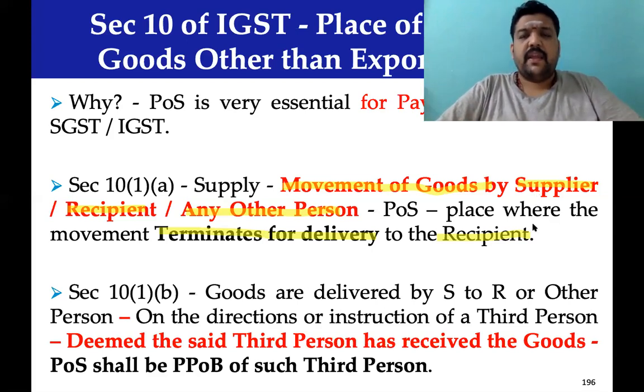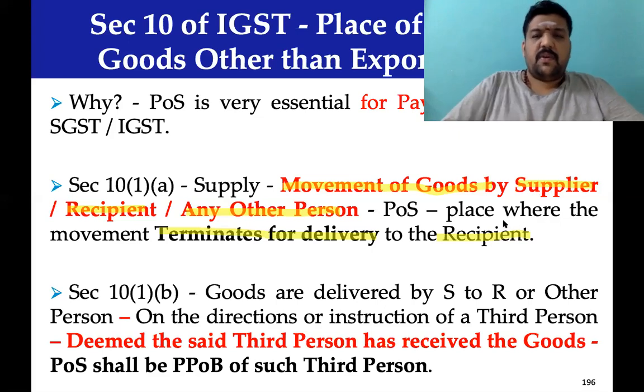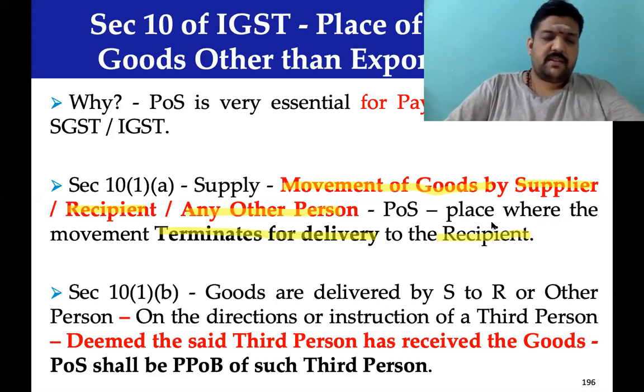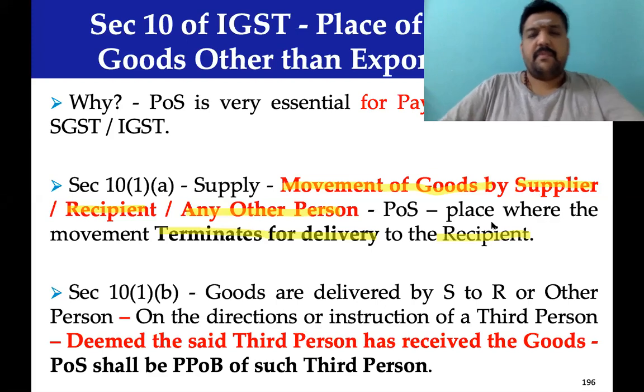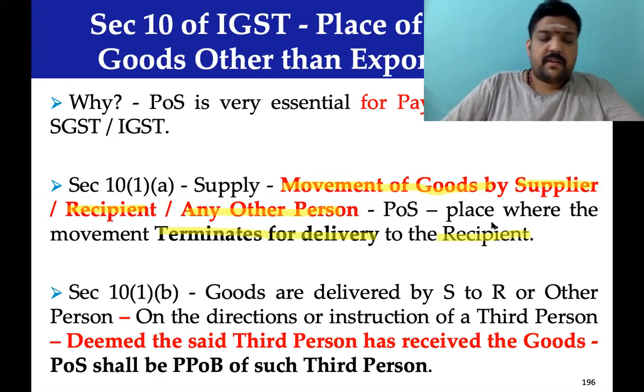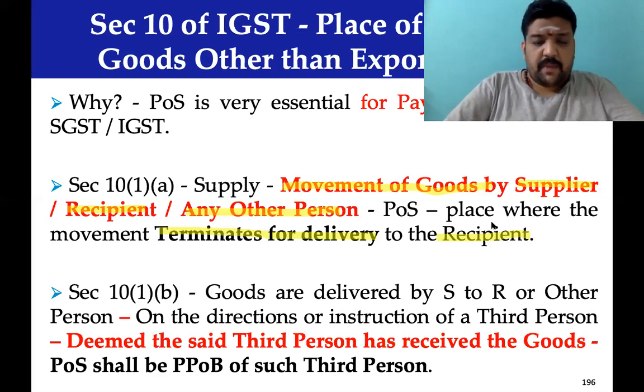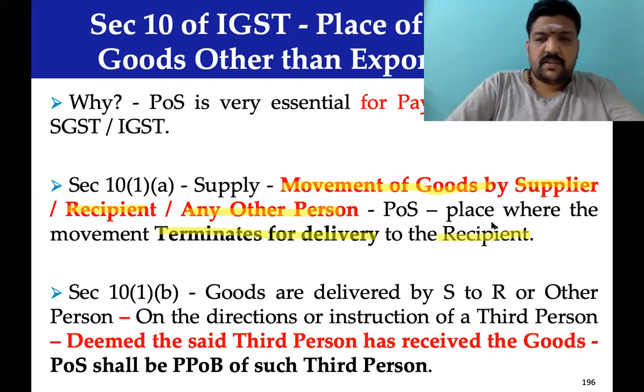This time, it is not your PQ Limited. This time, it is AB Limited. AB Limited of TN, Chennai, supplied goods to CD Limited in Karnataka, Bangalore.